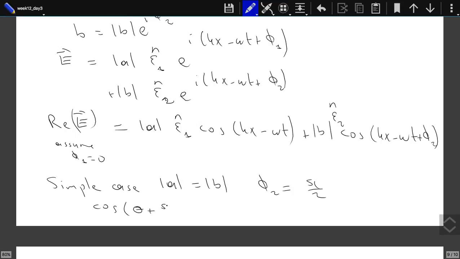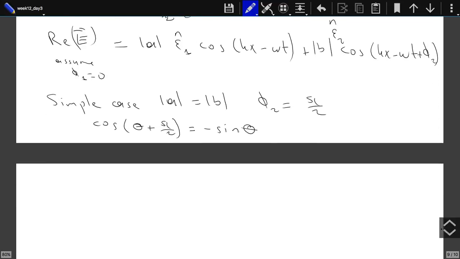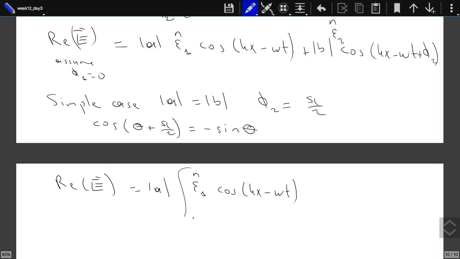Now, cosine of theta plus pi over 2 for any angle is minus sine of theta. So the real part of E in this case just turns out to be A times epsilon 1 times cosine(kx minus omega t) minus epsilon 2 times sine(kx minus omega t).